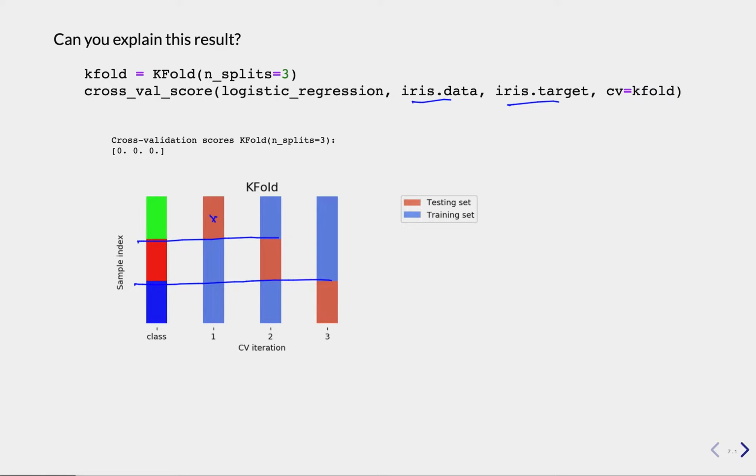This one has only examples from the green class and has training examples from the red and the blue class, but not of the green class. Right? So if you would train a classifier, even if it's the best classifier in the universe, it has only seen red and blue and can never correctly predict the green class. And this happens for all 3 folds, and so effectively we get 3 times 0 performance, 0 accuracy. Right? So we need to be careful in how we split our data.